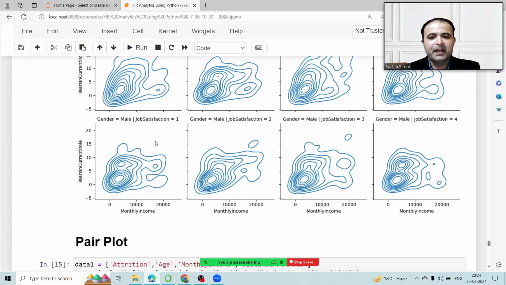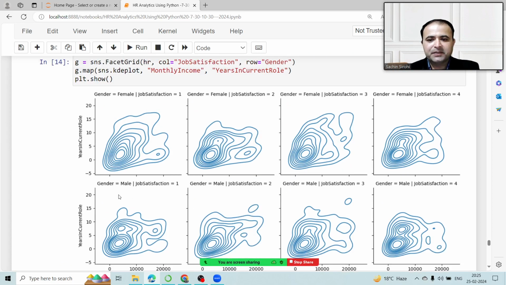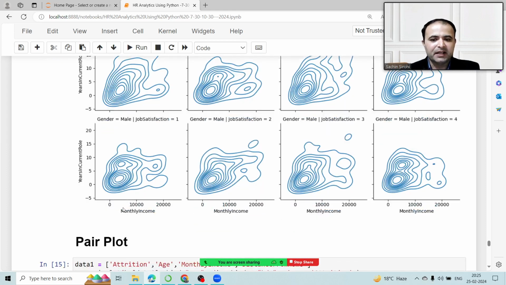And again male job satisfaction 1, 2, 3, 4. So we are just visualizing the job satisfaction according to the monthly income, like 10,000, 20,000. So the job satisfaction is high or low.